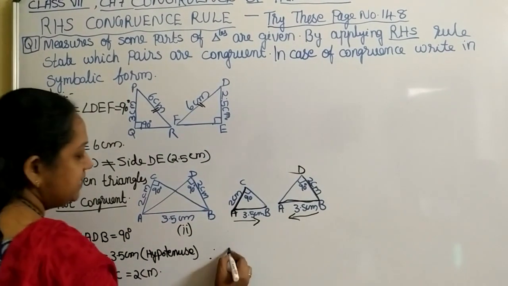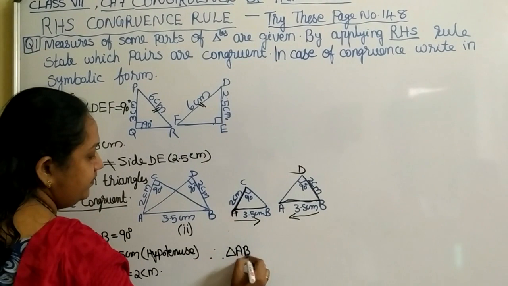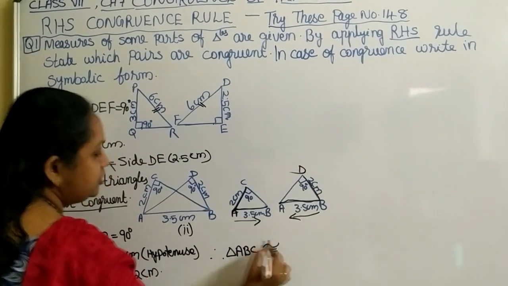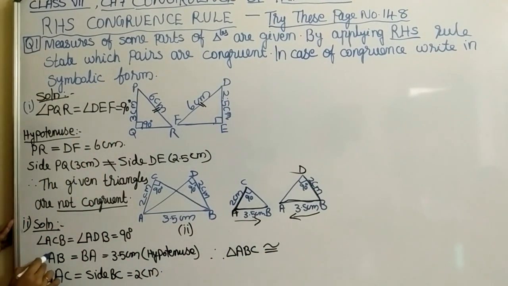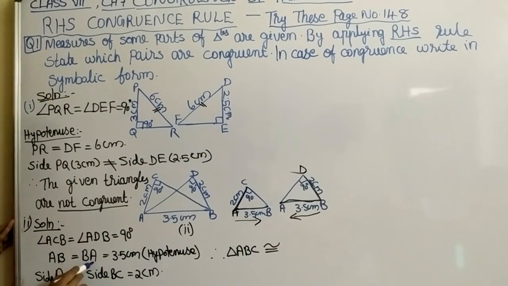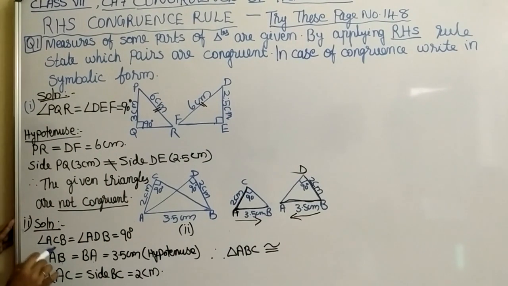Triangle ABC congruent to triangle... Vertex A corresponds to vertex B, vertex B corresponds to vertex A, and C corresponds to, here it will come not side BC, it is side BD.